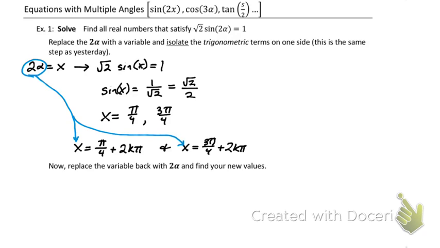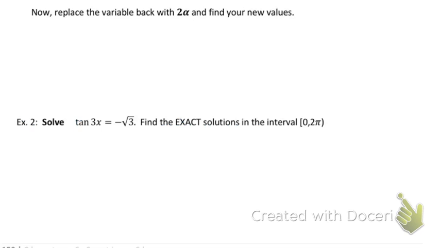That will then get us underneath this, which will give us 2 alpha equals pi over 4 plus 2k pi. And we're also going to have 2 alpha equals 3 pi over 4 plus 2k pi. I'm going to copy and paste that on a new slide, so it'll disappear for just a second, and then it's going to come right back up.